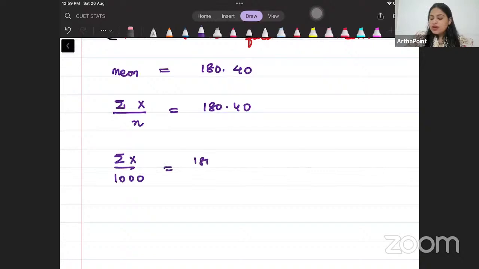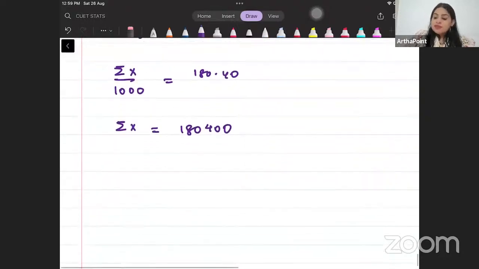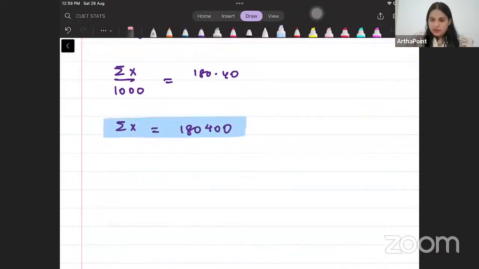Beta, this is 180.40. So summation x will become 180,400. That means this is the sum of the incomes that you have. Now, from this sum, I must remove the incorrect values. They were wrong, so they have to be removed, we must not add them. And I must add the new correct entries.